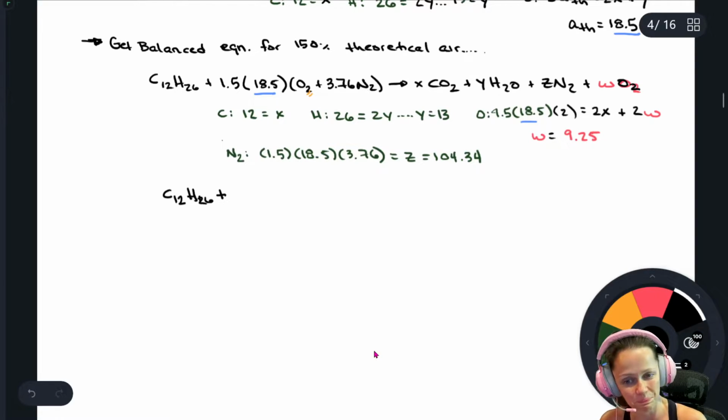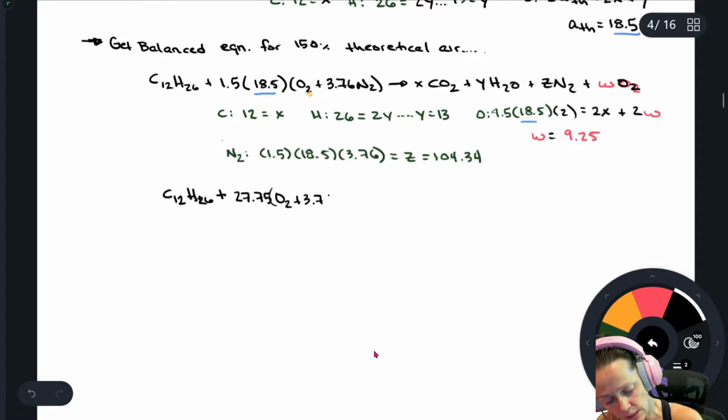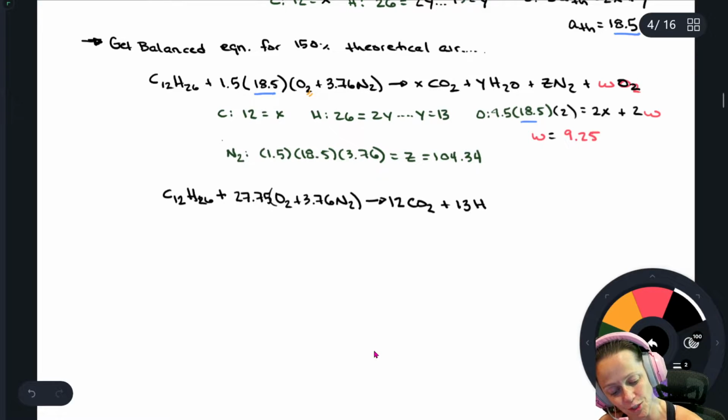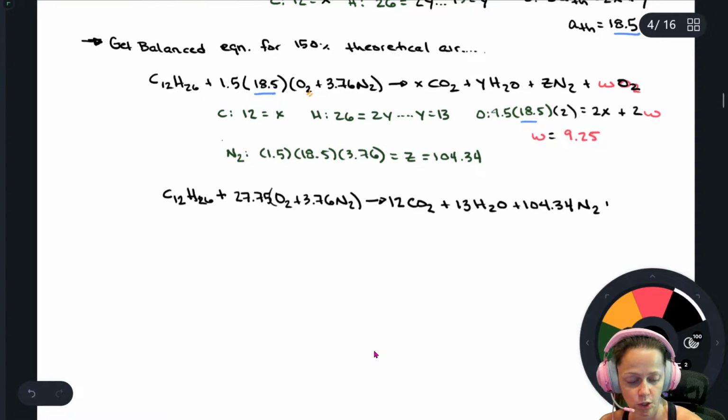All right, so my balanced equation in all of its glory: C12H26 plus 27.75 times O2 plus 3.76 nitrogen. And that's going to give us 12 CO2 plus 13 H2O plus 104.34 nitrogen plus 9.25 oxygen.